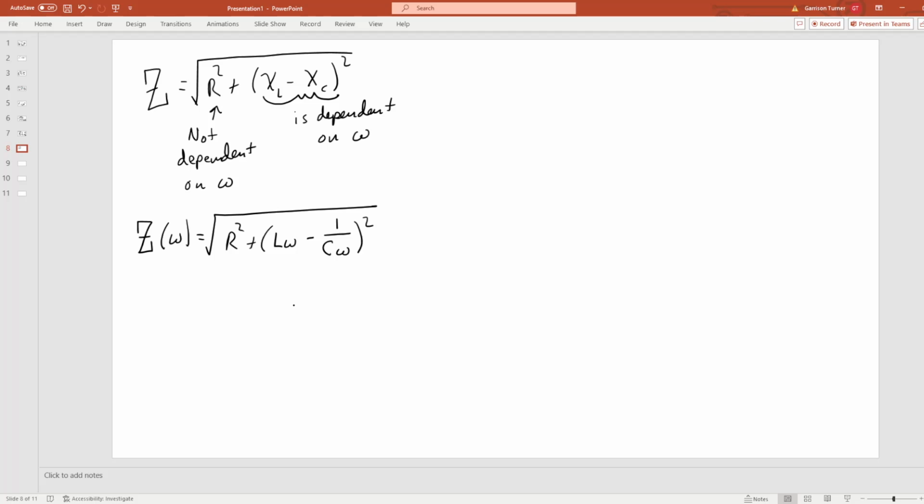So let's think about how Z behaves if I have really, really small omega. If omega is very, very small, then chi sub L is very small, but chi sub C is very large.